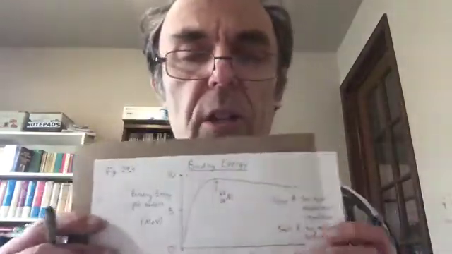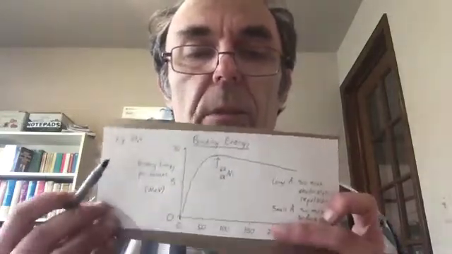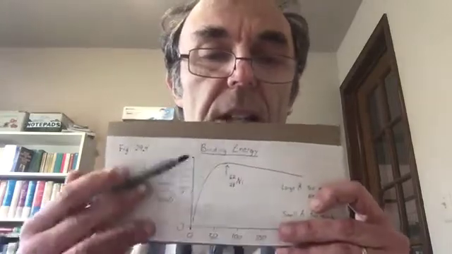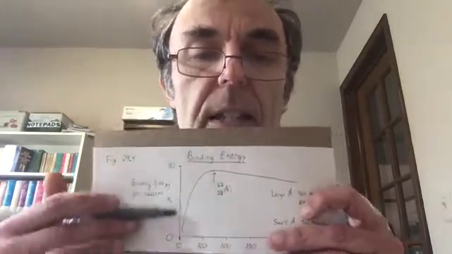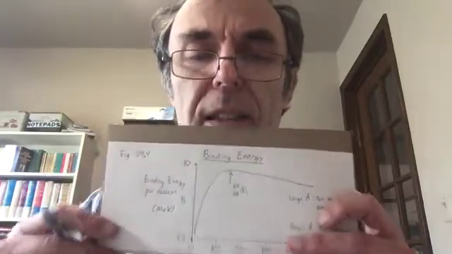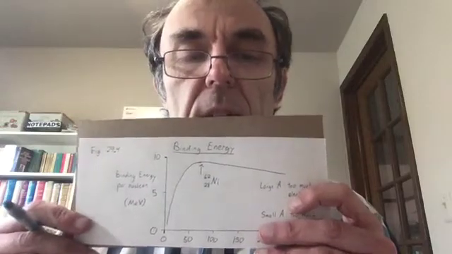Finally, I want to talk to you about binding energy of nuclei, and that's another nice figure in your book, figure 29.4, which I've very roughly sketched out here. What I'm plotting is the binding energy per nucleon. The more binding energy, the more tightly that nucleus is held, and the more stable the nucleus is.